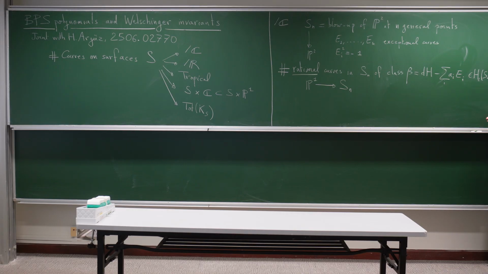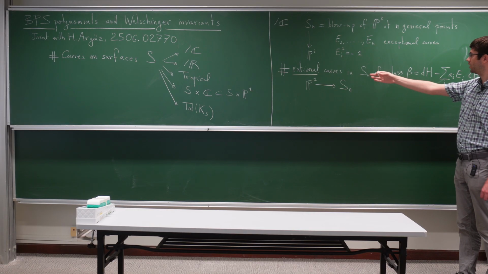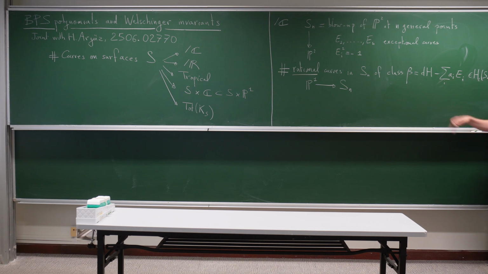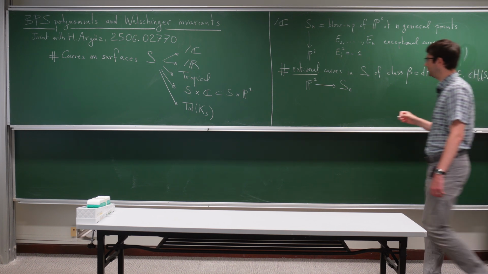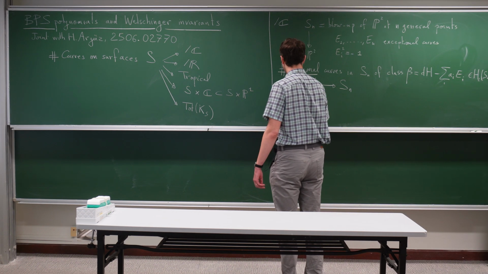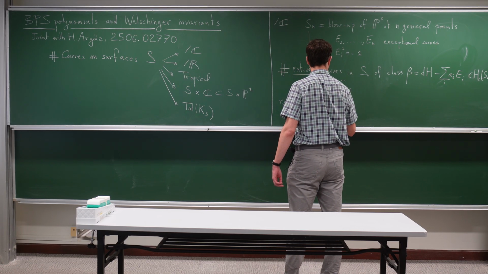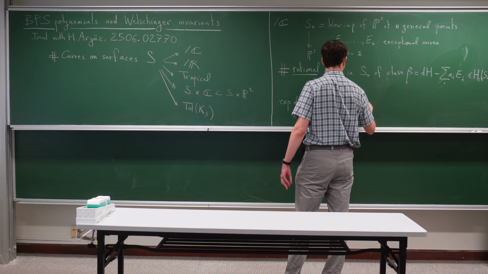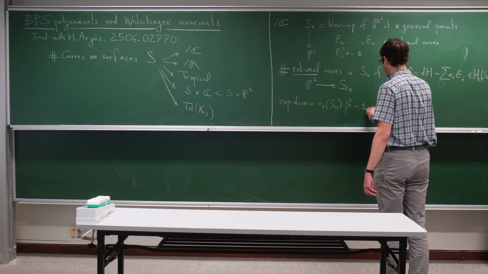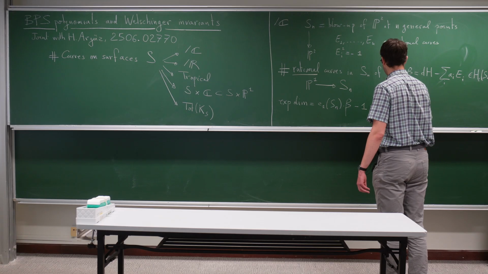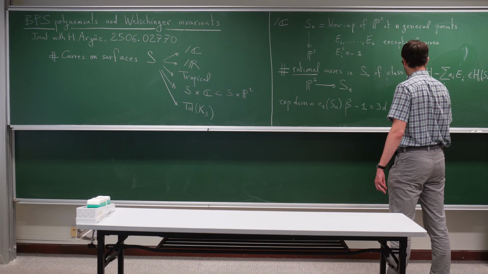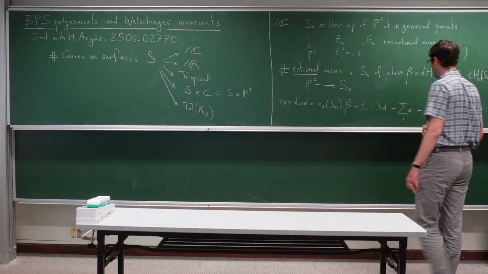And if you look at the rational curves of this homology class, if you look at the expected dimension of the moduli space of these curves, the expected dimension is the first Chern class of the surface intersecting with beta, minus 1, which, if you calculate, is 3d minus the sum of the ai, minus 1.